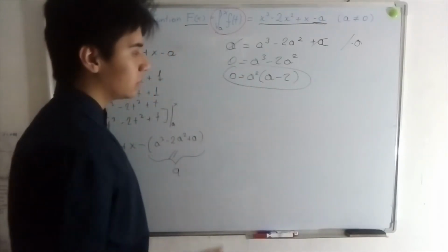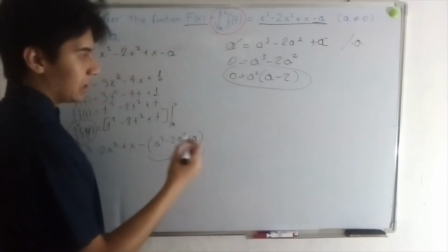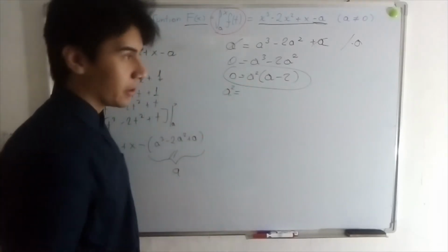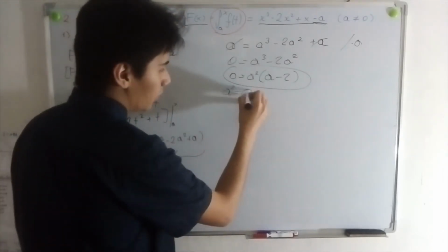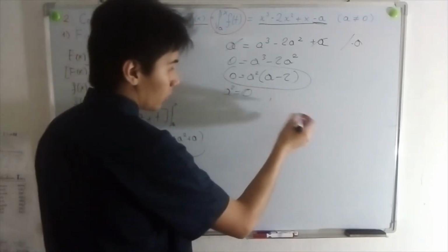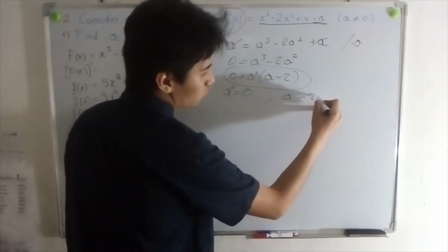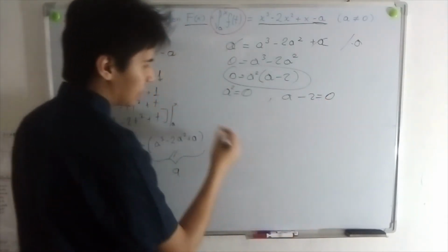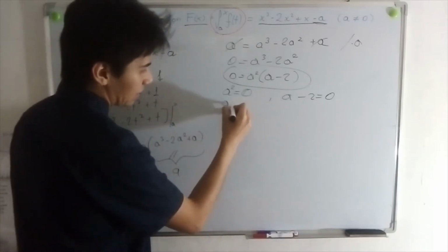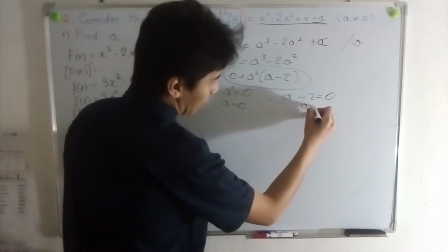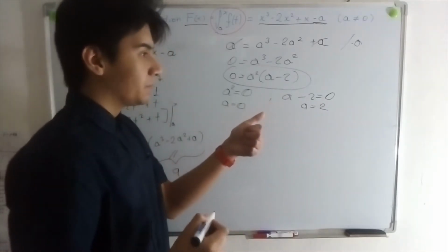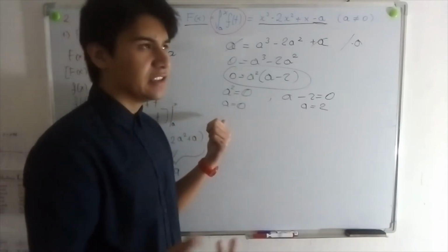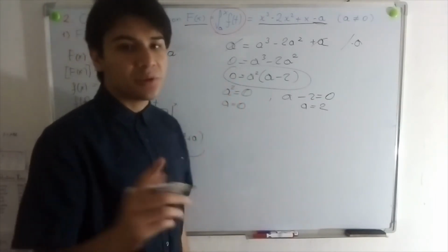And what can it be? a squared can be 0 or a minus 2 can be 0. That is the same as saying a can be 0 or a can be 2, because if a is 2, 2 minus 2 is 0, and if a is 0, 0 times 0 is 0.